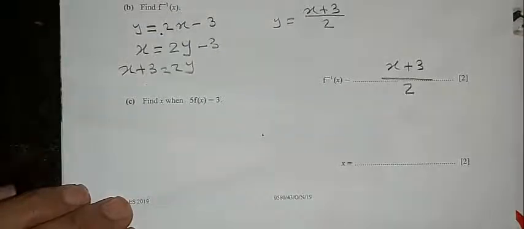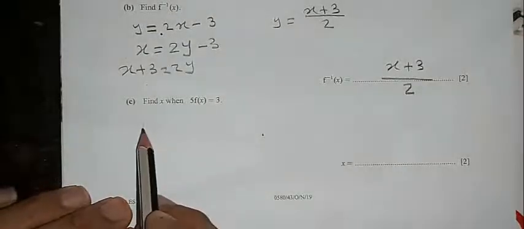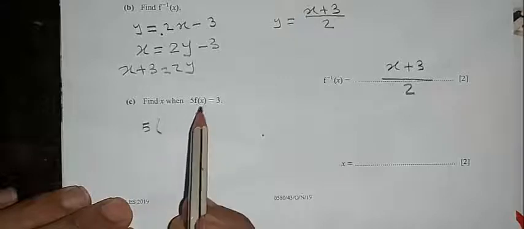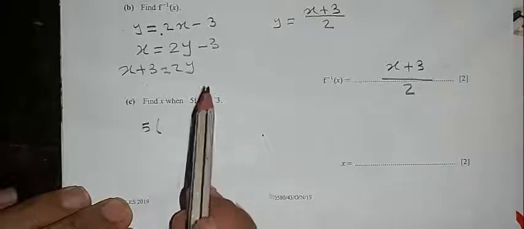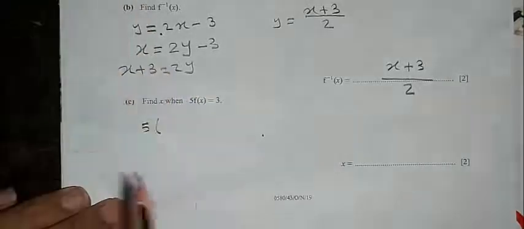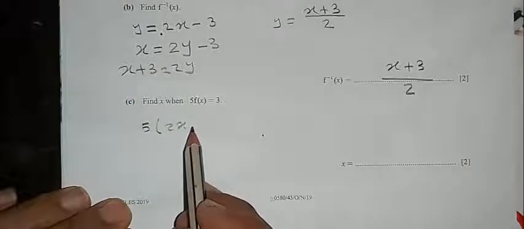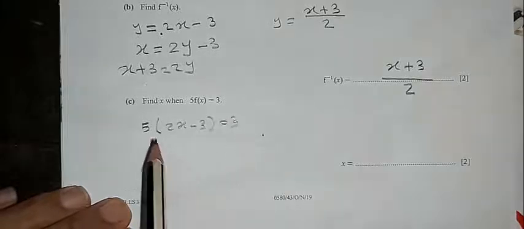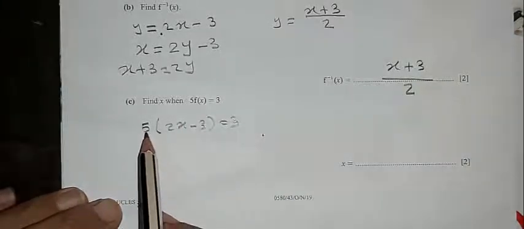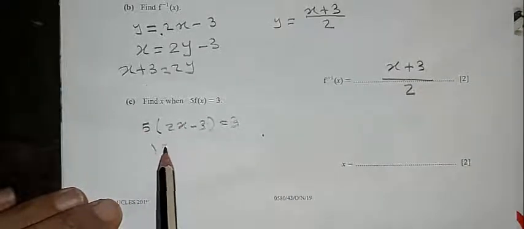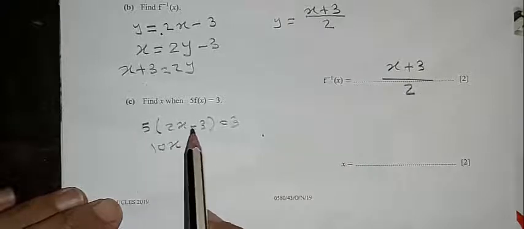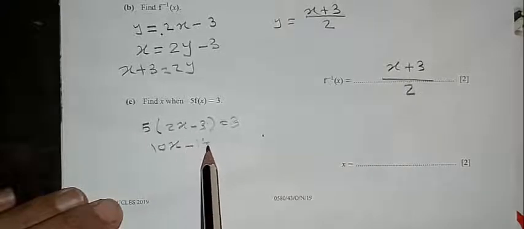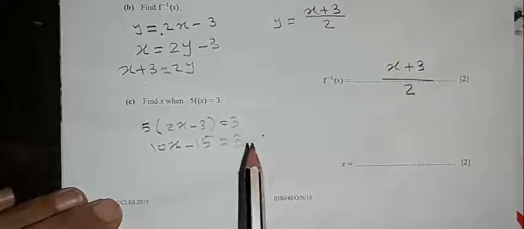We know f(x) is 2x minus 3, so 5 times, replacing f(x) by its expression, (2x minus 3), equals 3. We simplify: 5 times 2x is 10x, 5 times negative 3 is minus 15, equals 3.